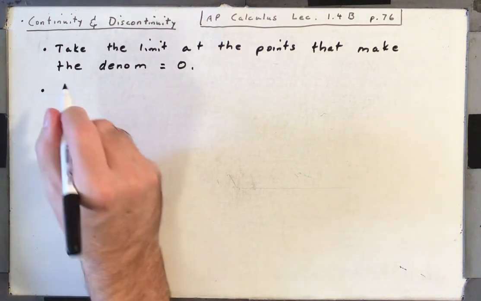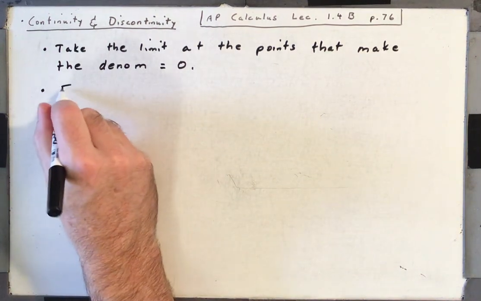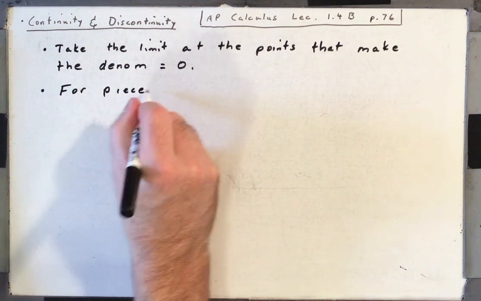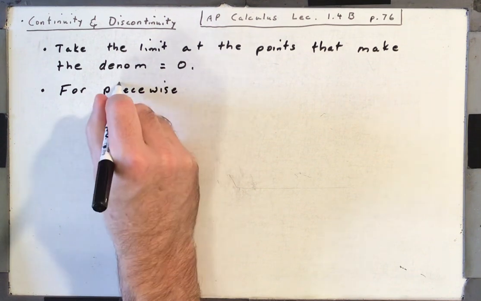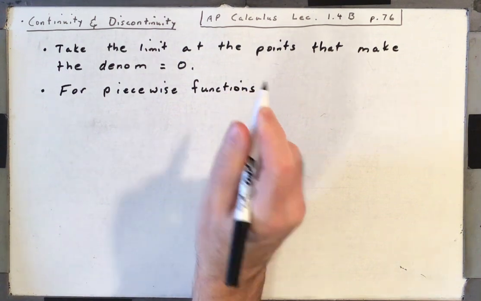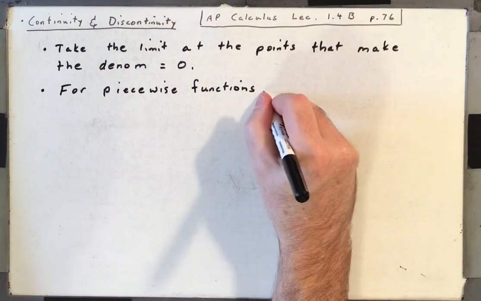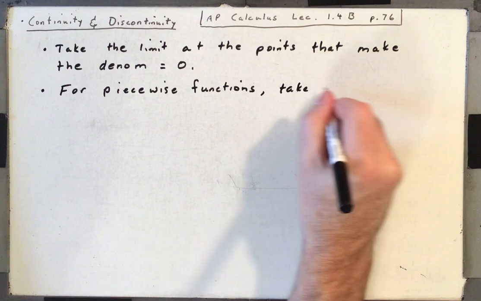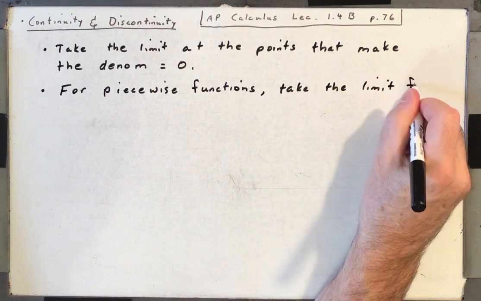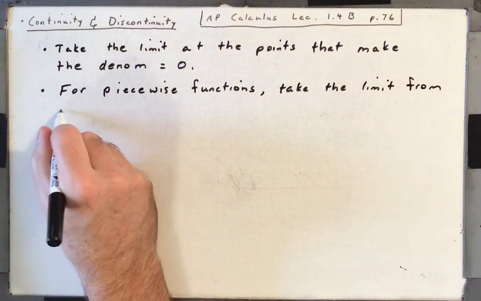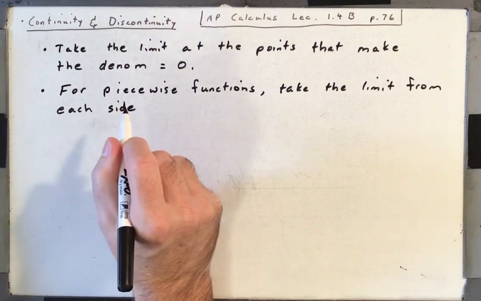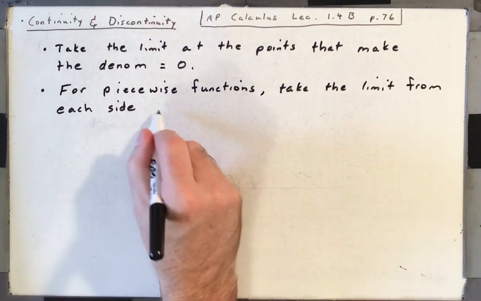Now let's say you get a piecewise function. For piecewise functions, take the limit from each side to see if equal.